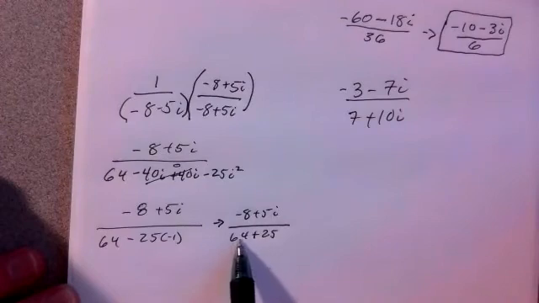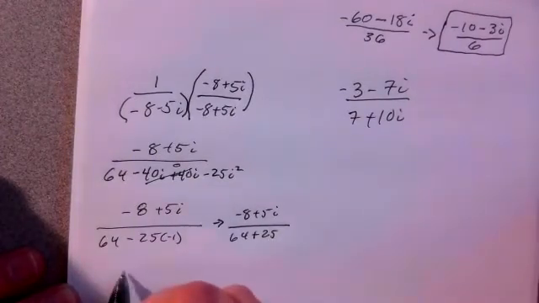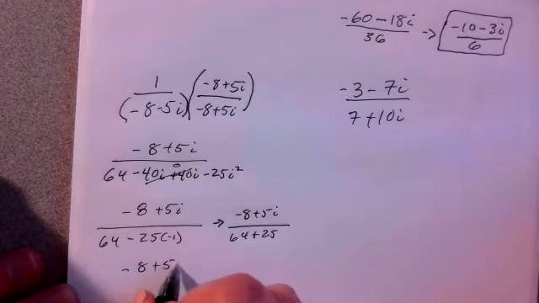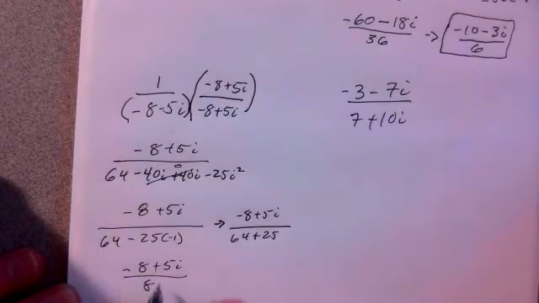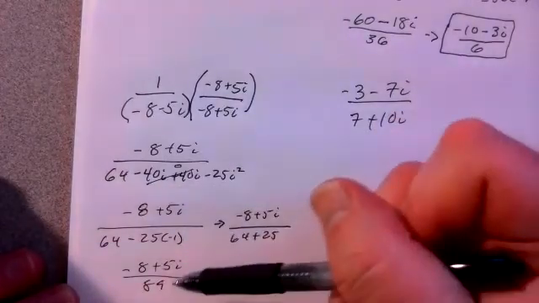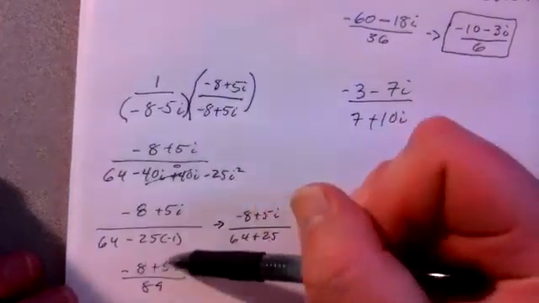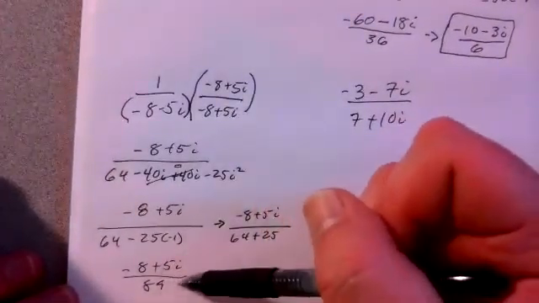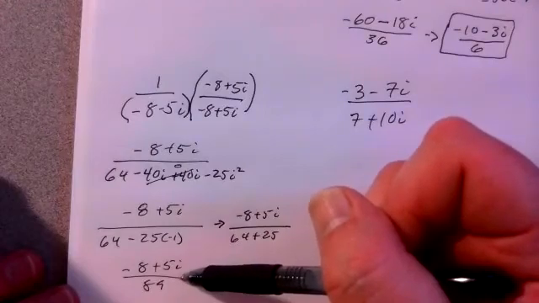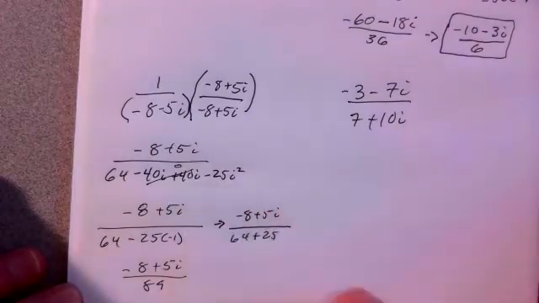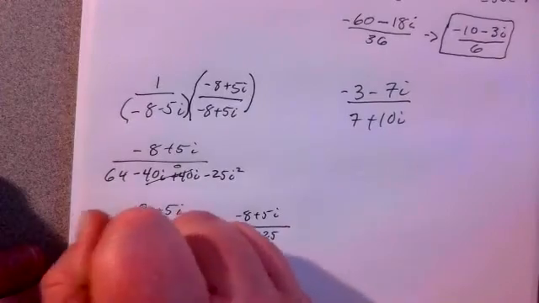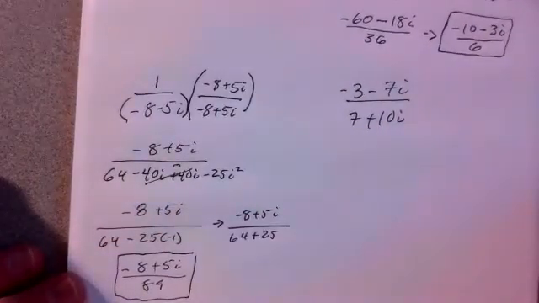And now combining my like terms, 64 plus 25 is 89. So I get negative 8 plus 5i over 89. Ask myself, do 8, 5, and 89 all reduce by the same number? I could easily say no, because 8 and 5 don't reduce by the same number. So that is my final answer.